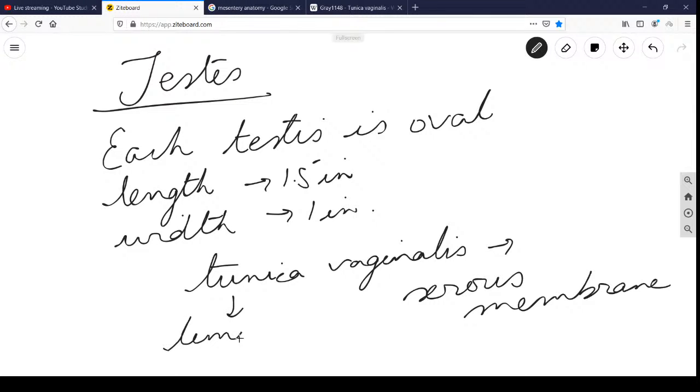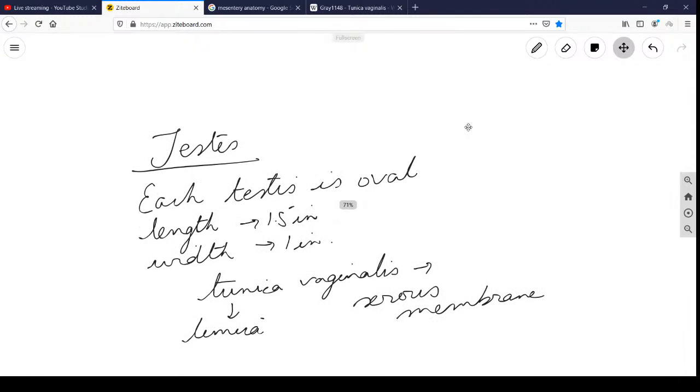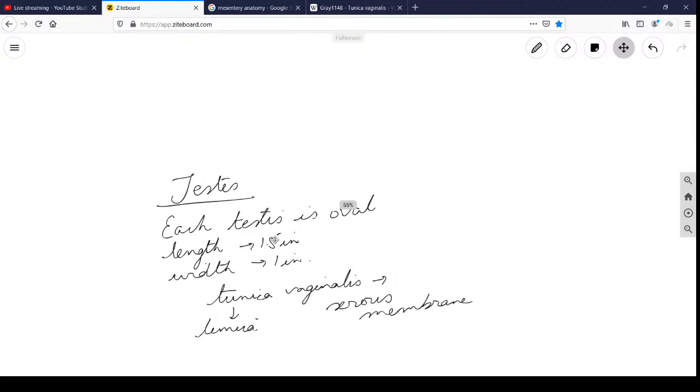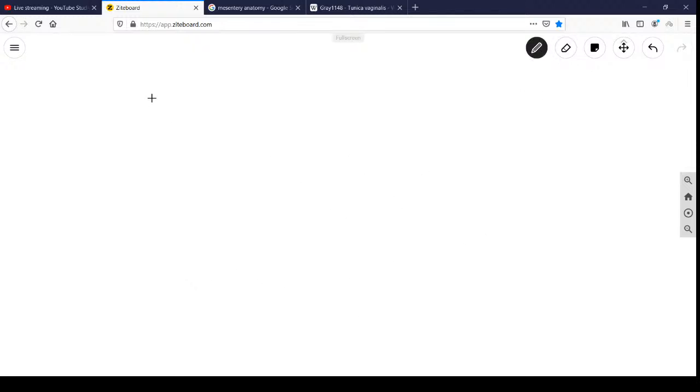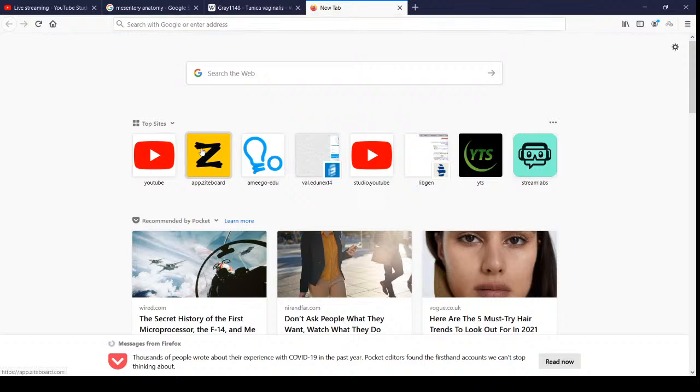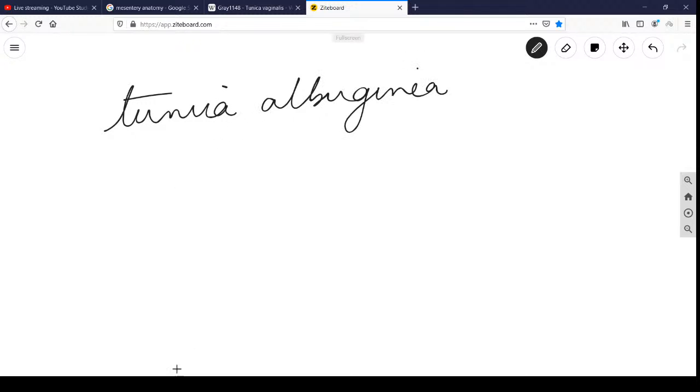So we have the tunica vaginalis, then we have the tunica albuginea.